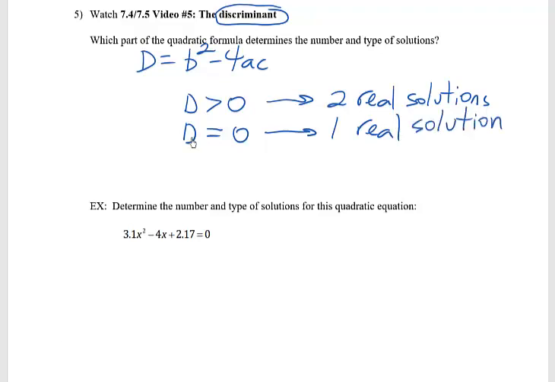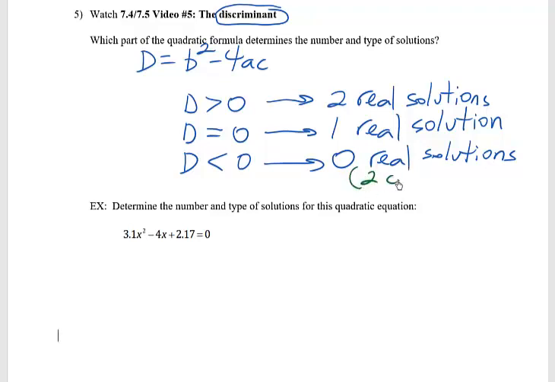The final possibility would be that the discriminant, the number inside the square root, comes out negative, less than 0, and that's when we had no real solutions. Or another way you could say that last one is we ended up with two complex solutions.